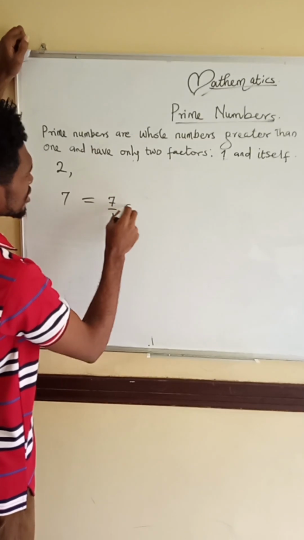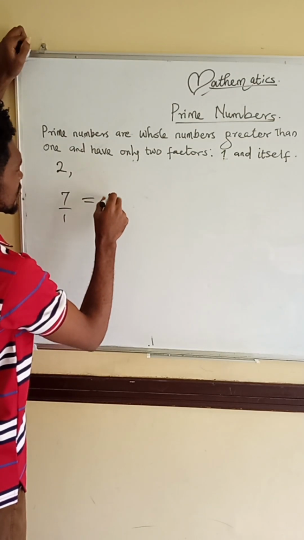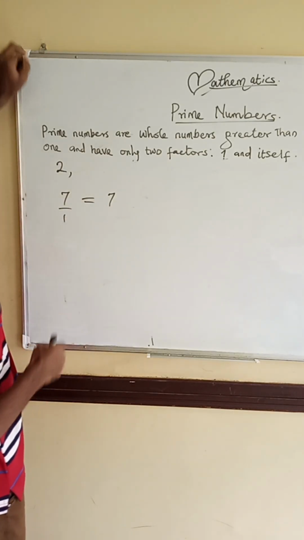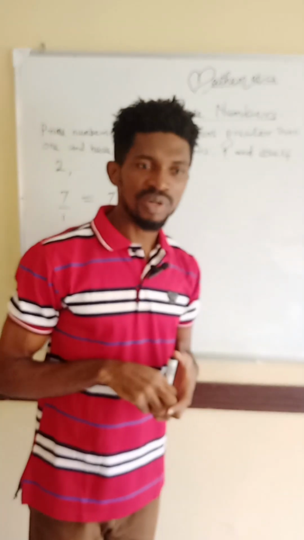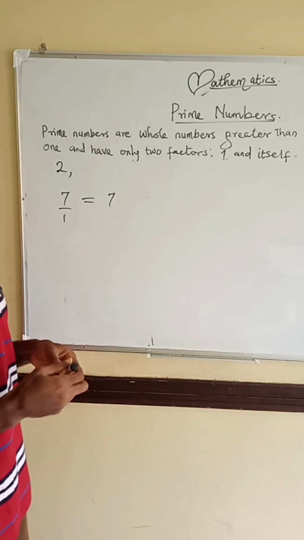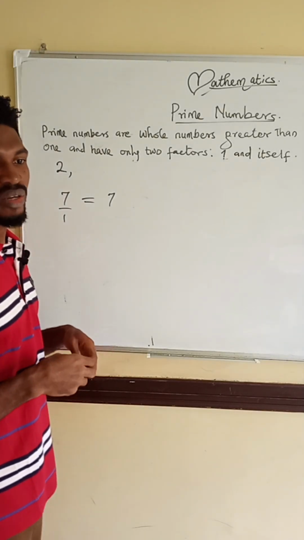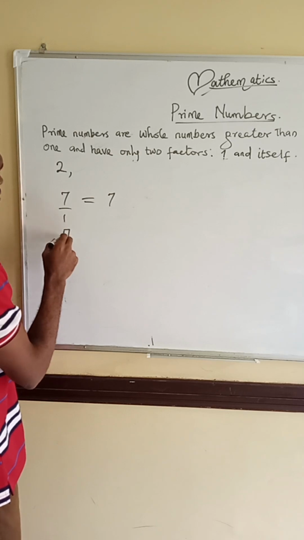7 divided by 1 is equal to 7. Okay? Can 2 divide 7? Of course, no, 2 cannot divide 7 because 7 is an odd number. Odd numbers are not divisible by 2 without a remainder. You must have a remainder. So 2 cannot go into 7.